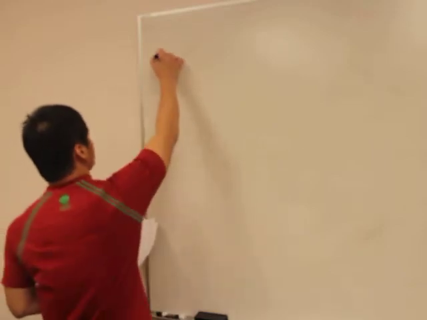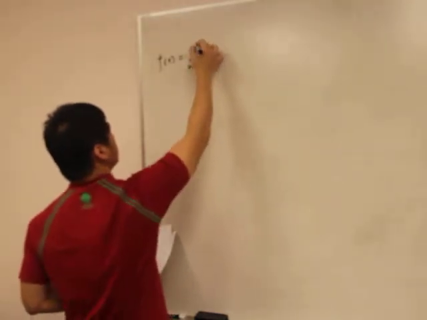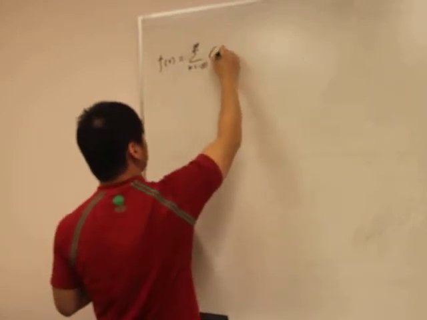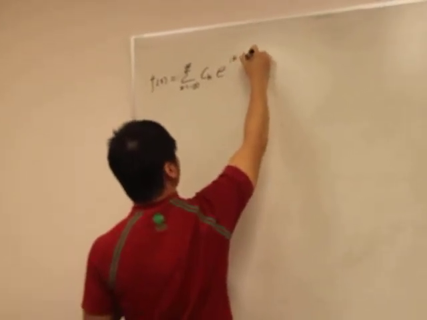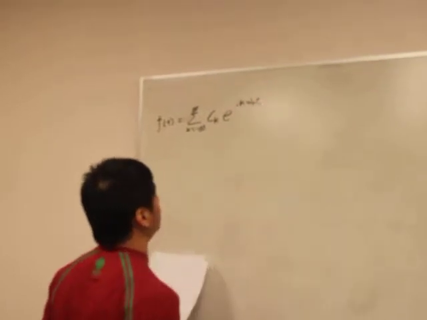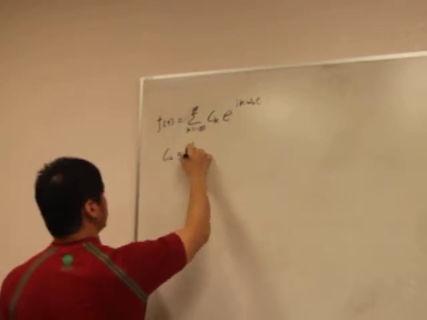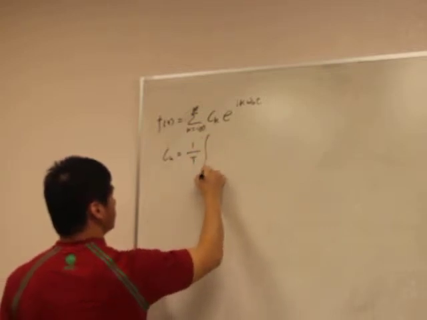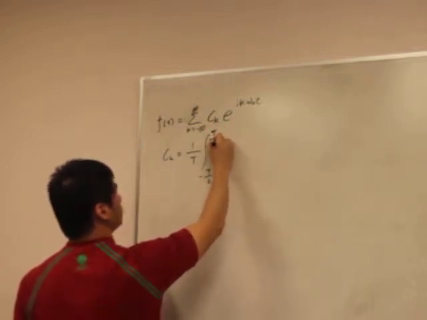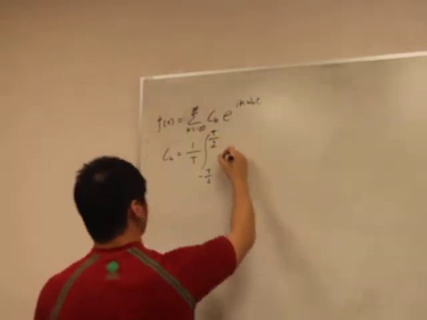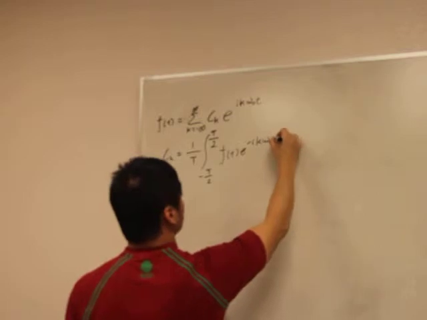So we have the Fourier series f of t is equal to the summation k from negative infinity to infinity of the Fourier coefficient times e to the i k t, and the Fourier coefficient is equal to 1 over the period times the integral from negative T over 2 to T over 2 of the function times e to the negative i k t.